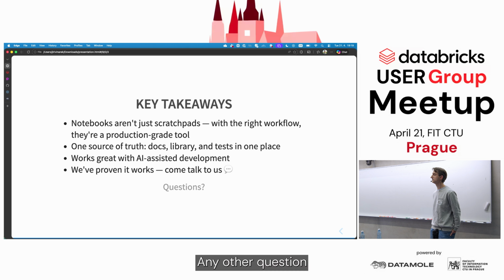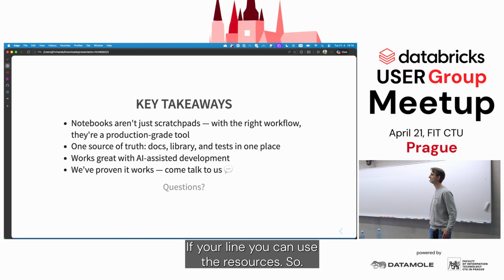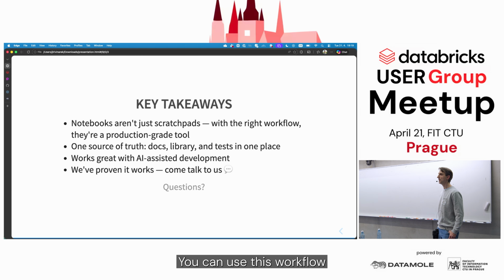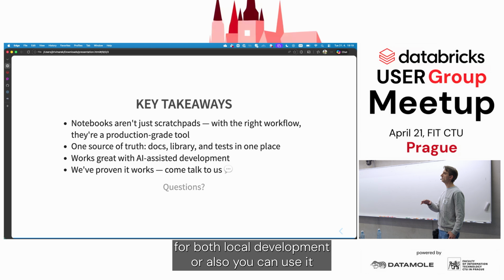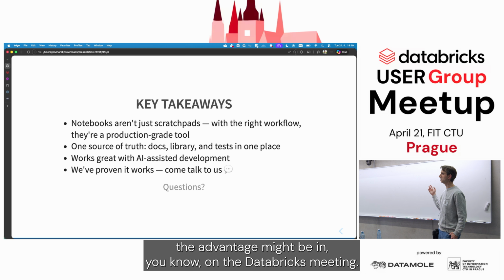All right. Any other question? Are you talking about mostly notebook offline or notebook online? If you're online, you can use external resources. You can use this workflow for local development, or also running in the cloud. We are in the Databricks meeting, right?